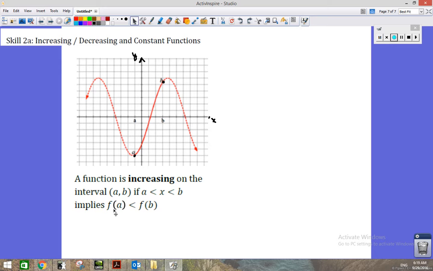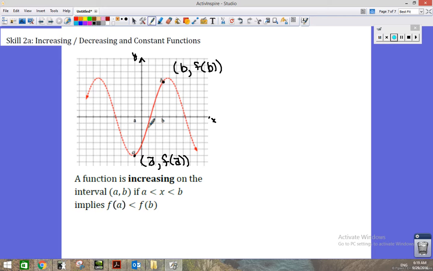F evaluated at a and f evaluated at b are y coordinates. So let's use the points, the x coordinates a and b here. If x is a, then the y coordinate is f evaluated at a. And here, if this is b, then f evaluated at b is the y coordinate.